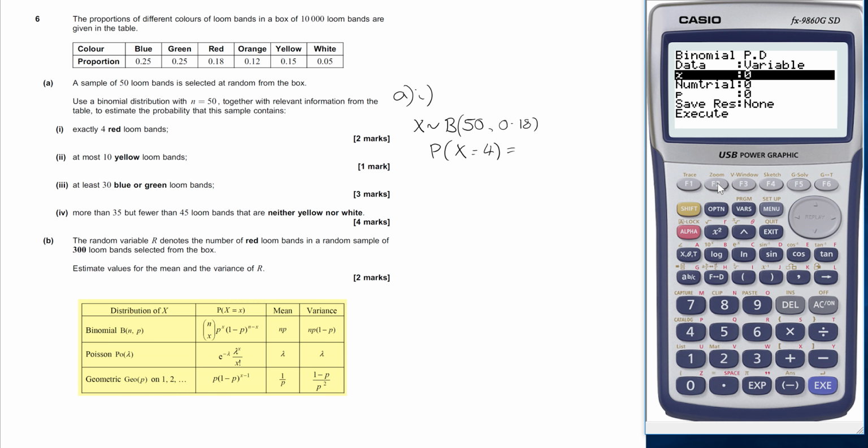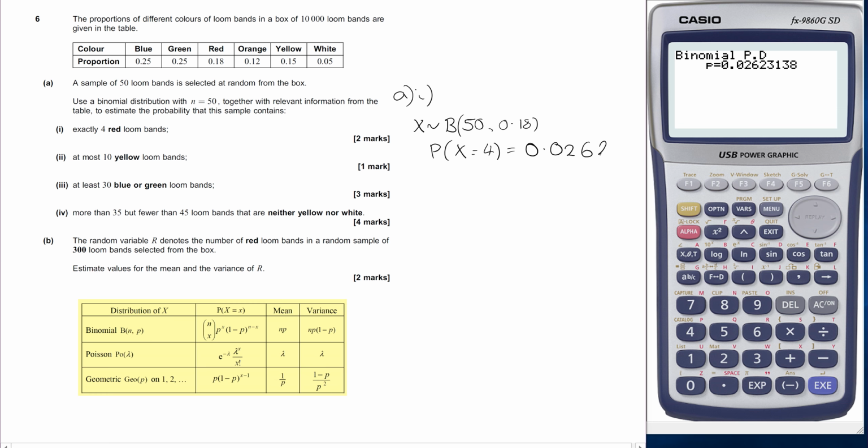The exact value we're looking for, x, is 4, the number of trials is 50, and my probability of success is 0.18. So the chance that there are exactly 4 red loom bands is 0.0262, to 3 significant figures, very unlikely.